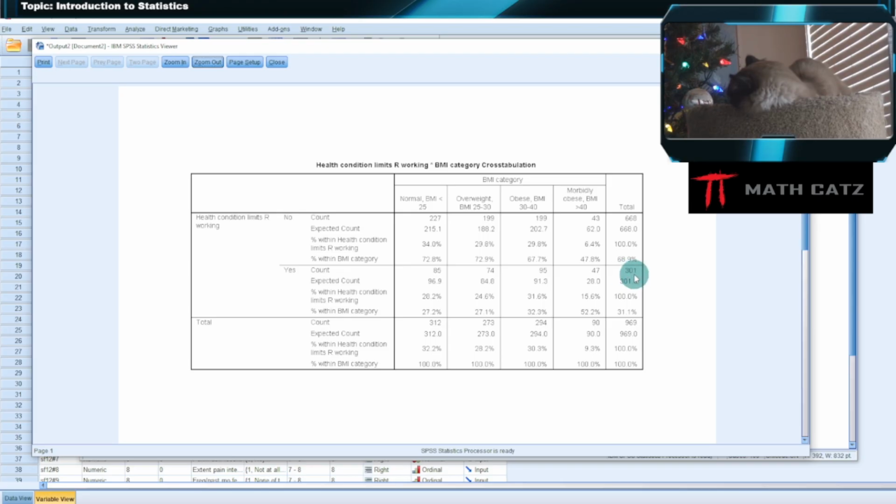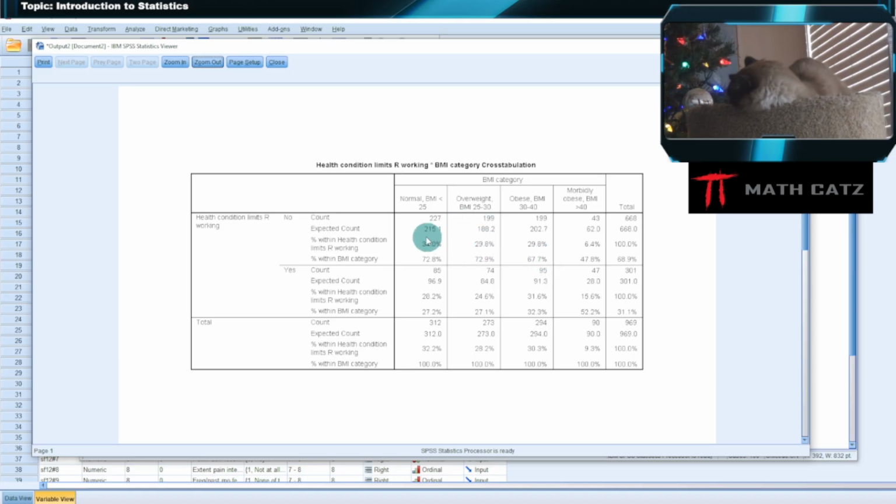So now we're asking, okay, there's a bunch of them in the normal group, overweight group, obese group, and so on. If these two variables are independent, then it shouldn't matter whether you're in the normal group or the overweight group or so on.